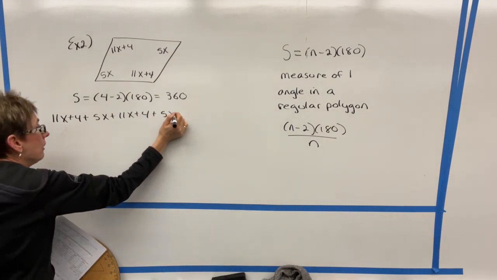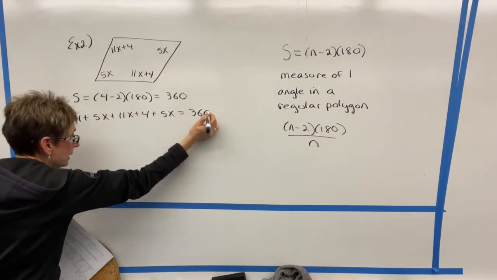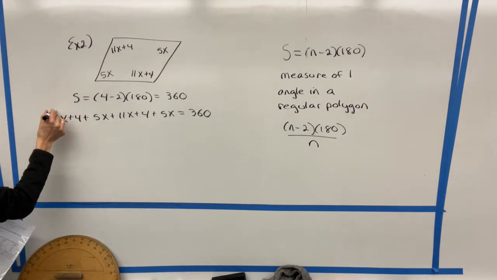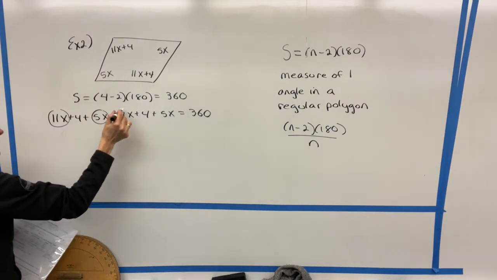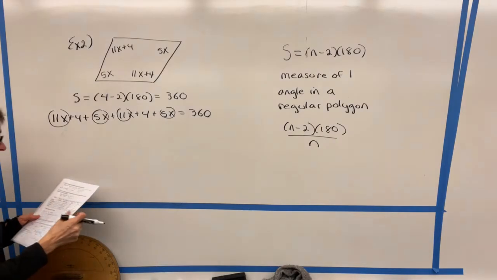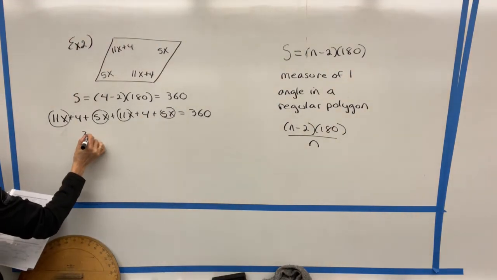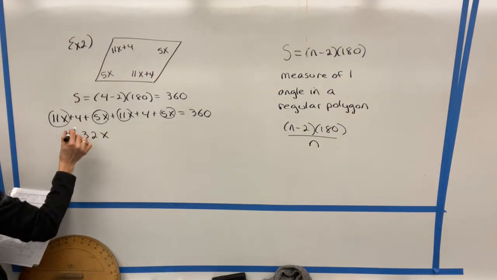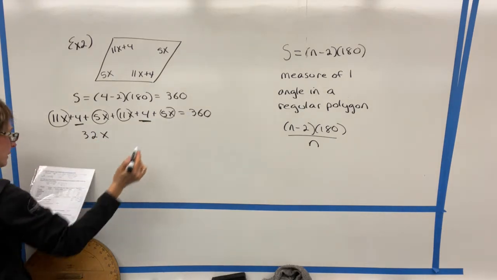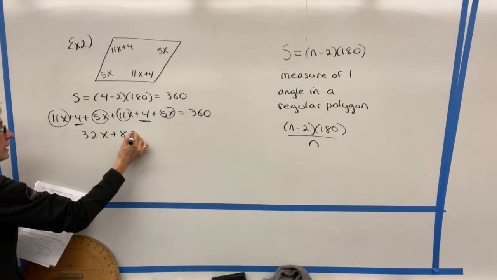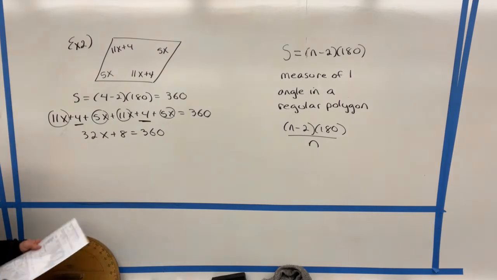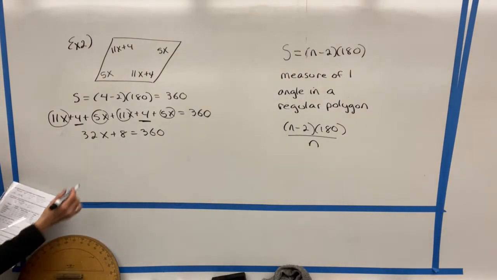So I'm going to take all the angles I see inside the shape, add them up, and set them equal to 360. When I combine all of my x's, I get 32x. And when I combine all of my numbers, I get 8. Then I'm just going to solve the equation using opposite operations.